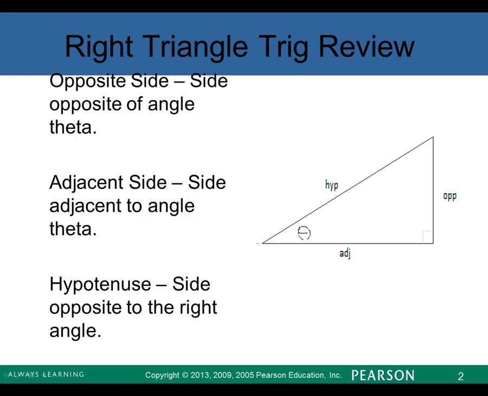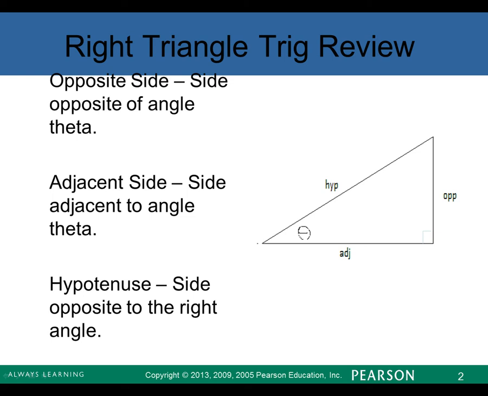So when we say the opposite side, we're talking about the side opposite of angle theta. And the adjacent side is the side that's adjacent to angle theta. So we're always talking in terms of the internal angle that we're trying to get the values from.